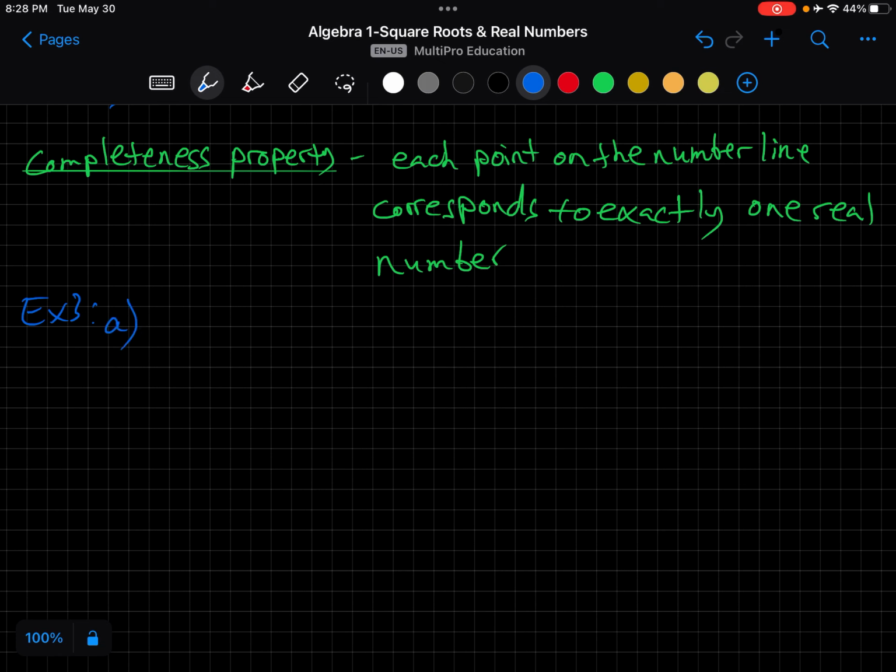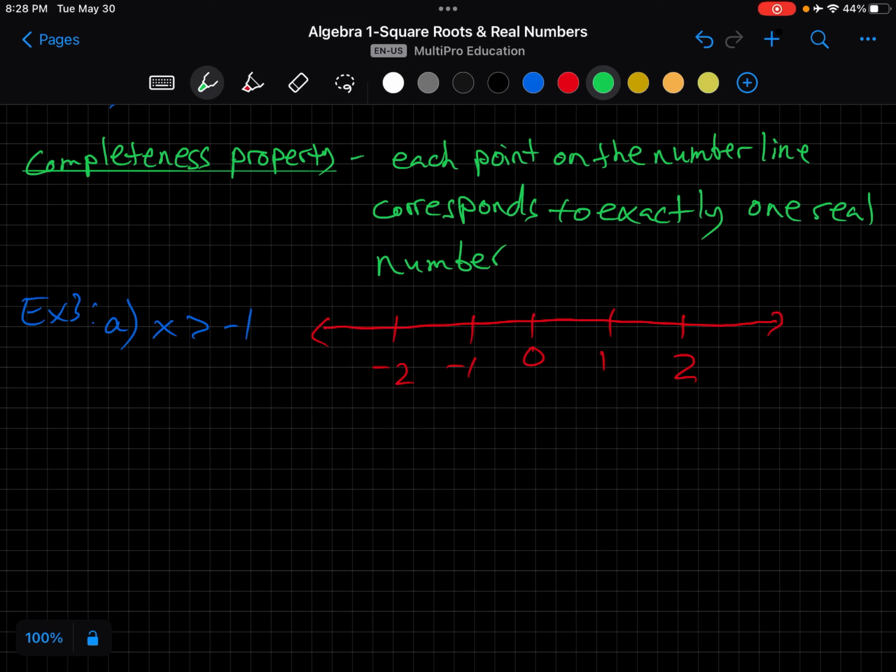Okay, so let's look at an example here. Example 3, and let's do part A here. Let's do when x is greater than -1. Let's draw the number line. Let's start with 0, and let's do -1, -2, and 1 and 2.